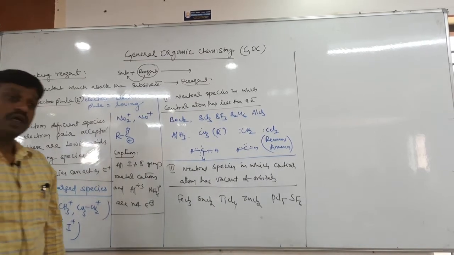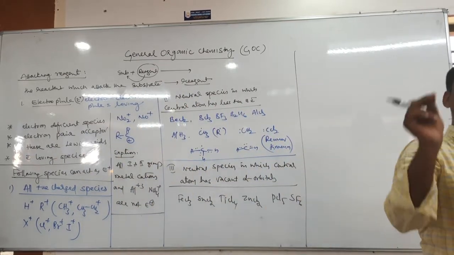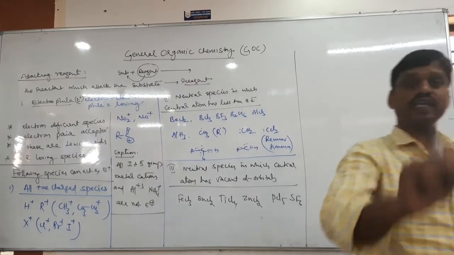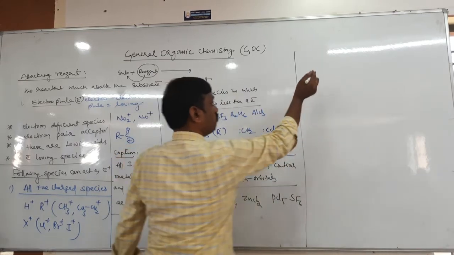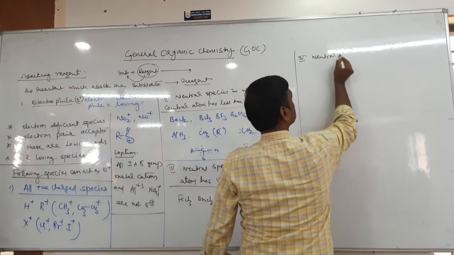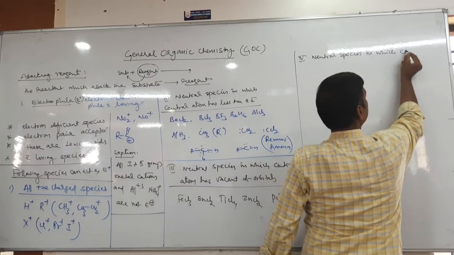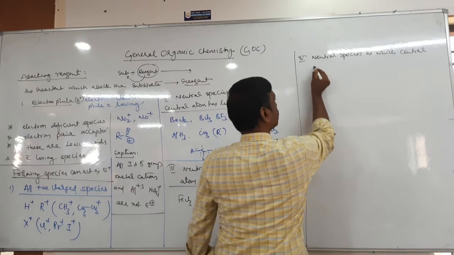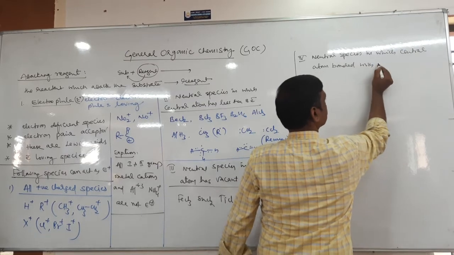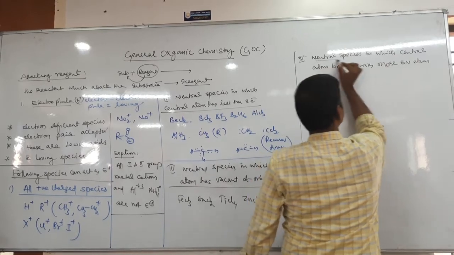The fourth one is the neutral species in which the central atom is bonded with more electronegative elements.